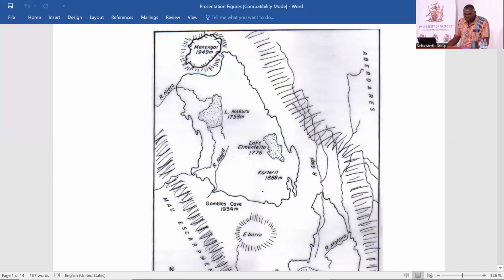But now turning to the substance of this presentation this afternoon, I would like to move straight to the study area. And the study area is the Central Rift Valley of Kenya.